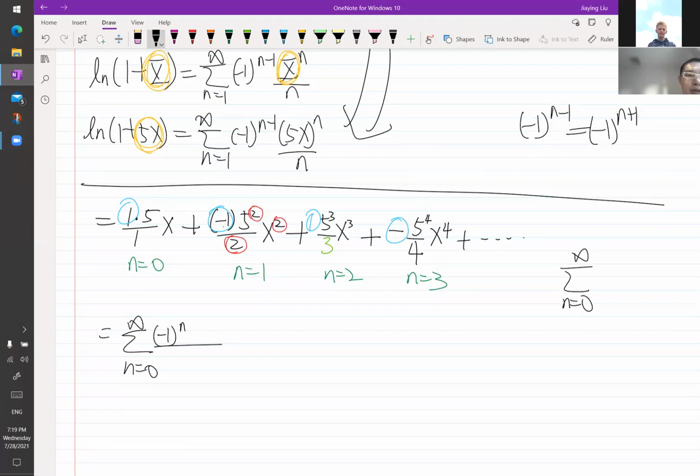We had a 1 corresponding to 0, 2 corresponding to 1, 3 corresponding to 2, 4 corresponding to 3 for n, right? So it looks like the denominator is always 1 bigger than the value for n. So just n plus 1 in the denominator. And then that will give you the exponent as well, right? So that will be 5x raised to the n plus 1. This is perfectly fine.